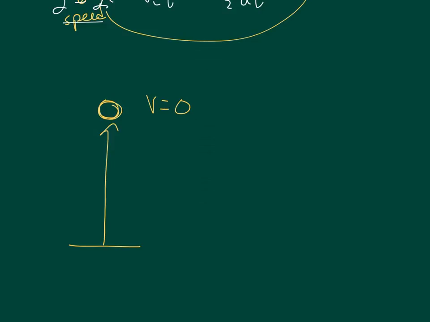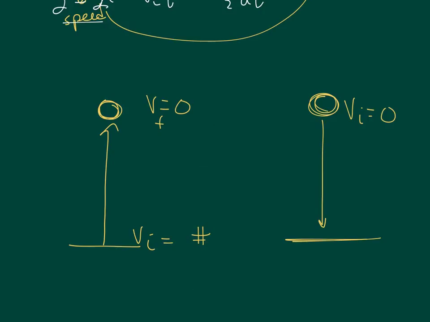So on the way up, VI is some number, and VF would be 0. Now, fast forward in time. The object is now at the max height, and it's starting to fall back down. The same object. Now instead of VF, VI is 0. And we're going to figure out VF is some value on the way back down. And if there's symmetry in the problem, these will be opposites.